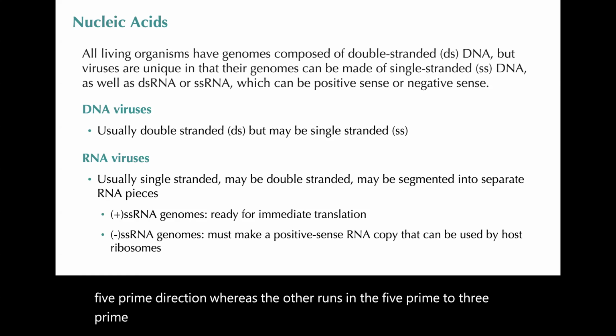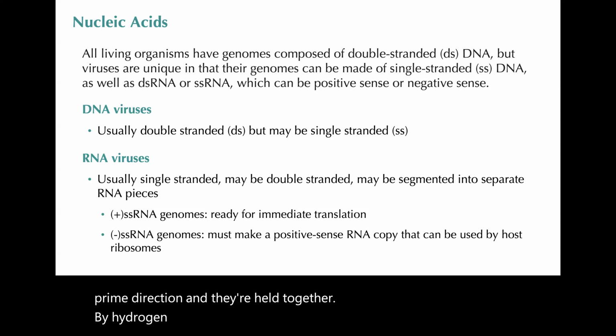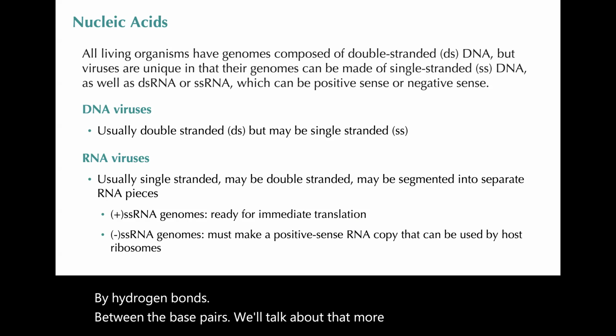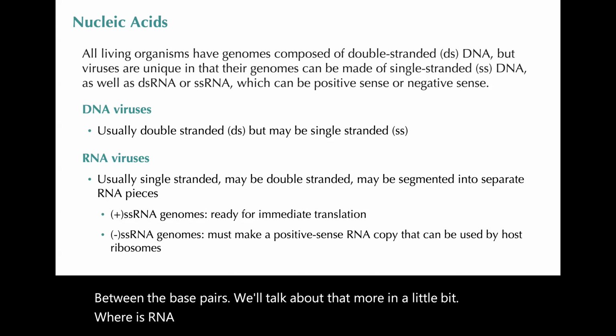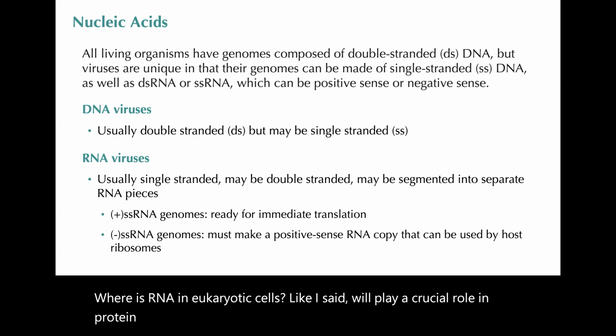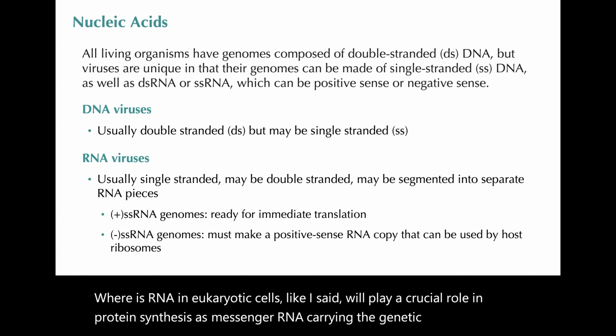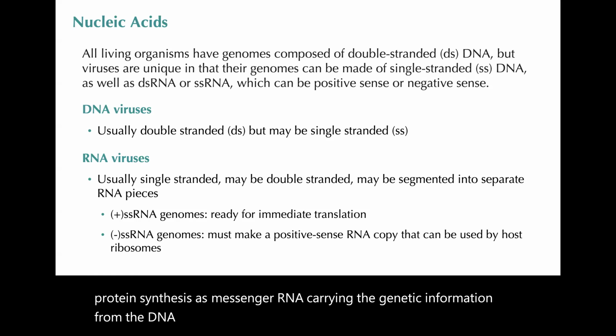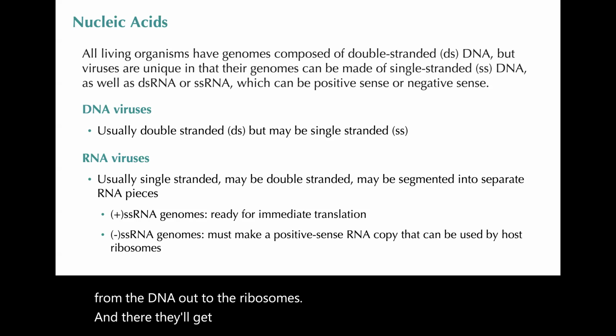And they're held together by hydrogen bonds between the base pairs. We'll talk about that more in a little bit. Whereas RNA in eukaryotic cells, like I said, will play a crucial role in protein synthesis as messenger RNA, carrying the genetic information from the DNA out to the ribosomes. And there they'll get translated into the proteins.